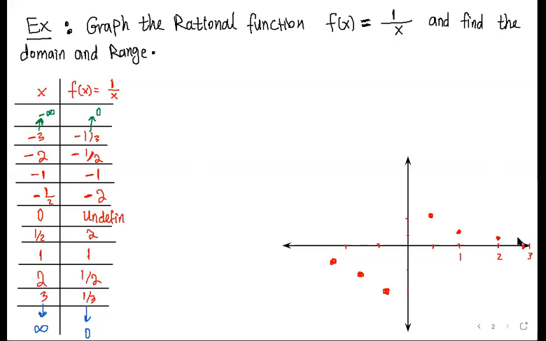So the graph here will be something like this, then goes like this. And here it becomes closer to the 0. And here the same thing, closer to the x-axis, then becomes bigger, up to here. But what happens to the values in this area, smaller than 1/2?